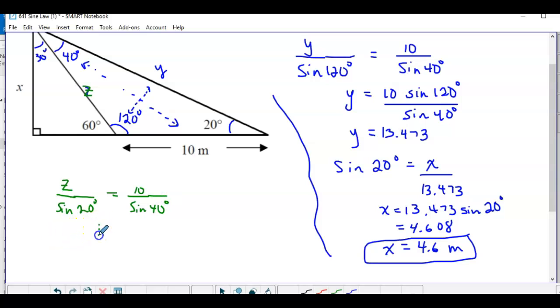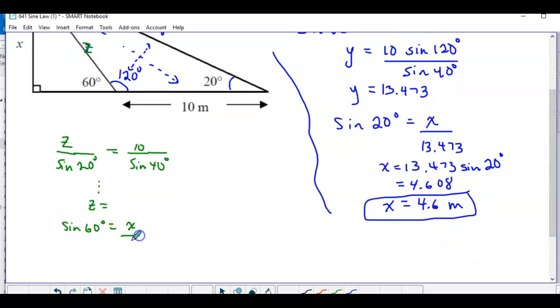And then you'd figure out what Z is. And then in this triangle, I'd probably use 60 degrees. So then sine of 60 degrees equals x over whatever your Z value is. And you get the same thing. So that's it.